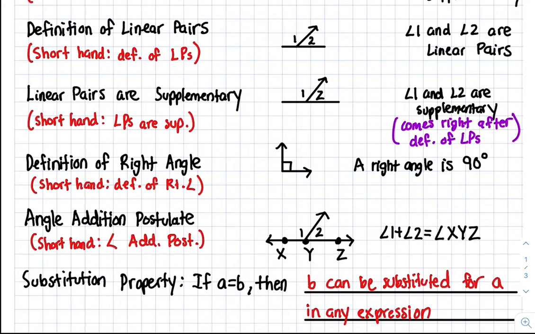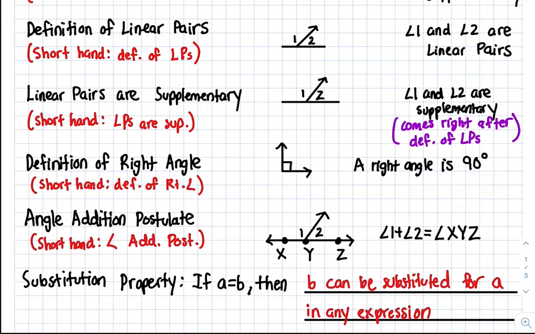When you look at angle XYZ, which is this straight line, that's angle XYZ, which is 180 degrees. It makes sense that this angle plus this angle adds up to 180 degrees. So that's what the angle addition postulate is: two angles that add up to a bigger angle.